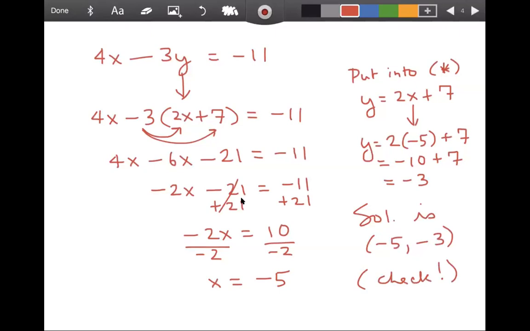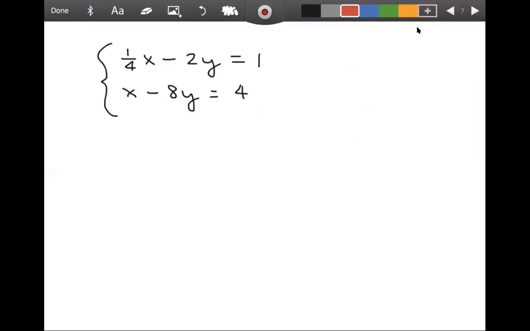All right, so now on to the last example. The last example is 1/4 x minus 2y equals 1, and x minus 8y equals 4. So one last time, consider your 4 choices. Should we solve the first one for x, first one for y, second one for x, or second one for y?